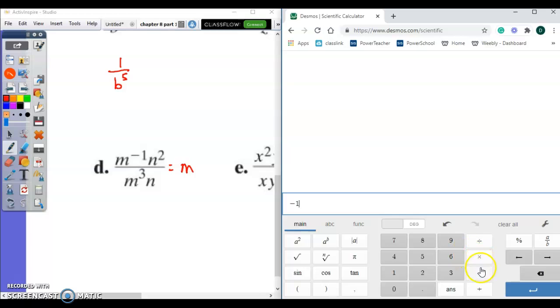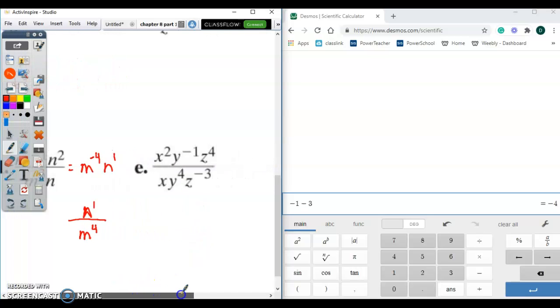Negative 1 minus 3, and that gives us negative 4. So this would be M to the negative 4. And then we have 2. Remember, there's a 1 there, right? So this would be N. 2 minus 1 is just 1. Again, we have a negative exponent that is attached to that M, so that's going to go on the bottom and become positive. And the N remains on the top.